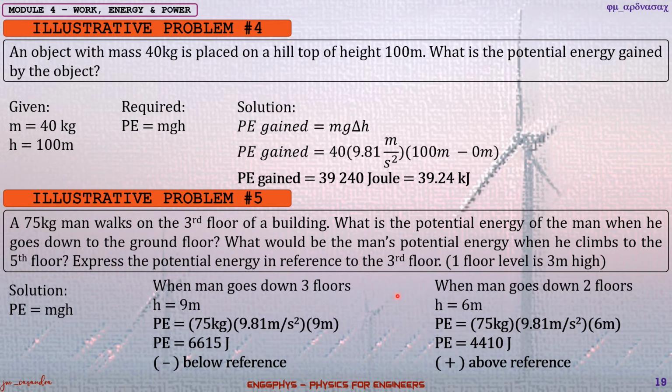So for potential energy, pag pababa, the change is negative, pero ang work ng weight is positive. Dito, ang change in potential energy, pag pataas is positive, pero ang work ng gravity pag pataas is negative.